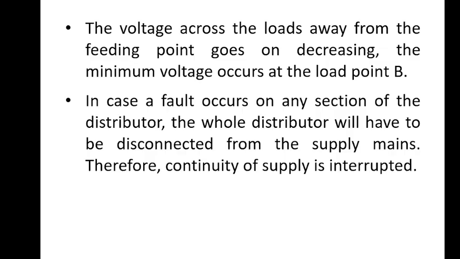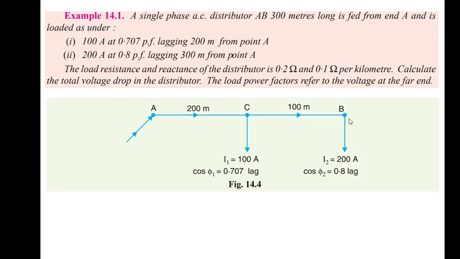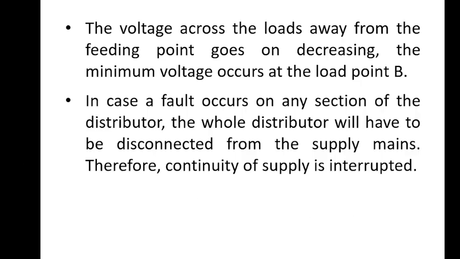As we move farther from the feeding point, the voltage across the loads gradually decreases due to the voltage drop along the line, with the minimum voltage occurring at the farthest load point, typically denoted as point B. Here, this is the farthest point in this single line diagram.